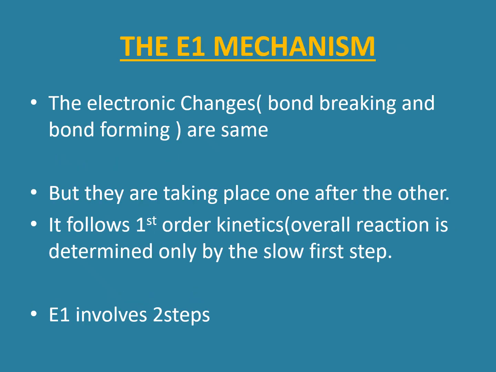Now we will discuss the E1 mechanism. So how is this dehydrohalogenation occurring with this particular mechanism, what may be the possibility. In this case also the electronic changes, that means the bond breaking and bond making, are the same as in E2.